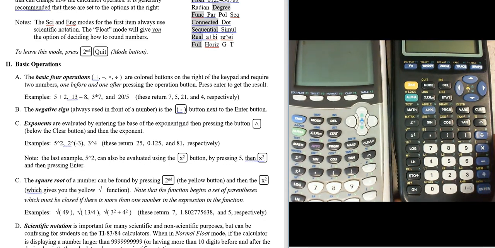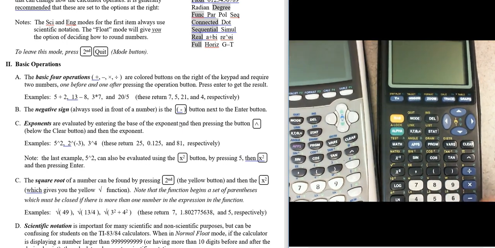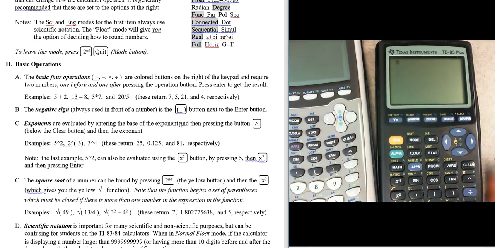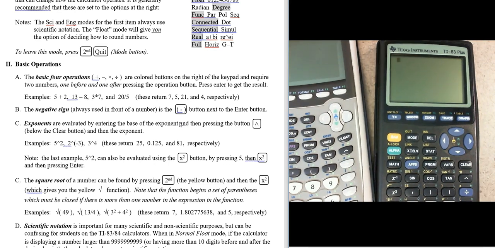So the difference is that when you're doing a negative sign, you're putting it in front of the number to make it negative, like -3. And then you can add to that whatever number you want, -3 plus 6, okay? You get that.